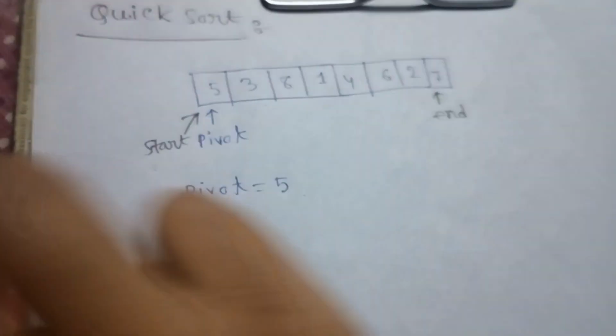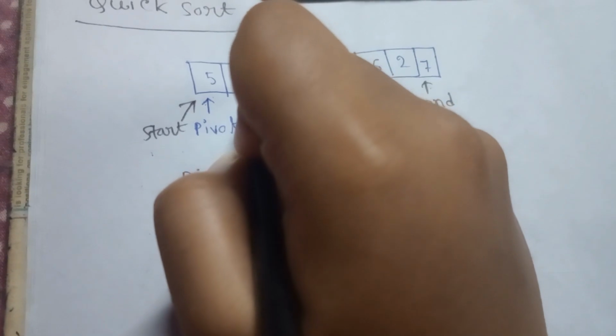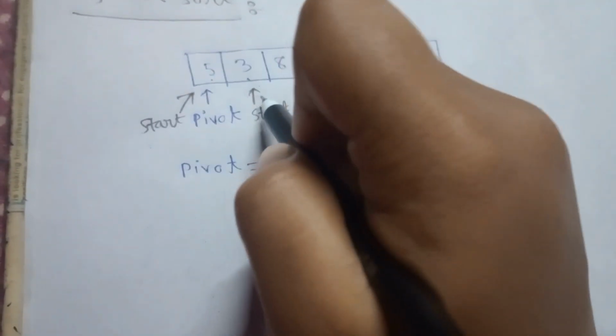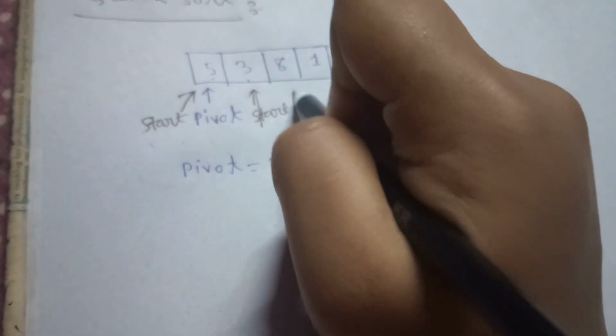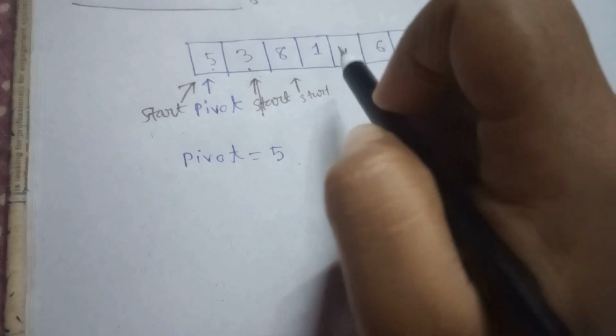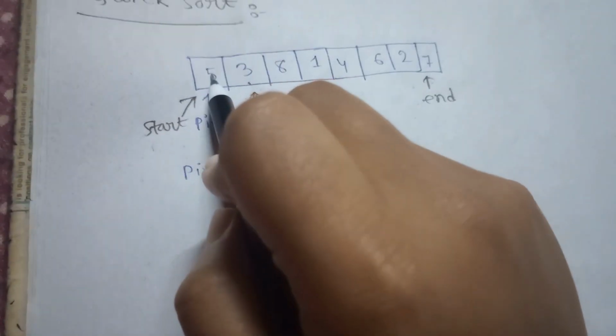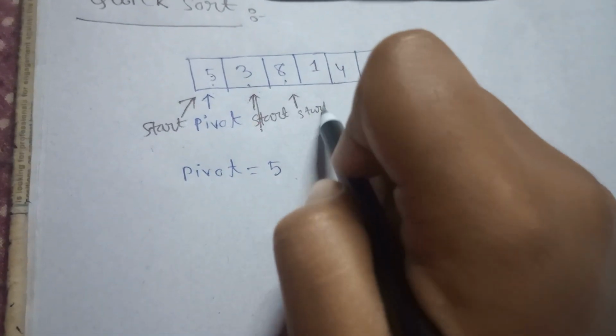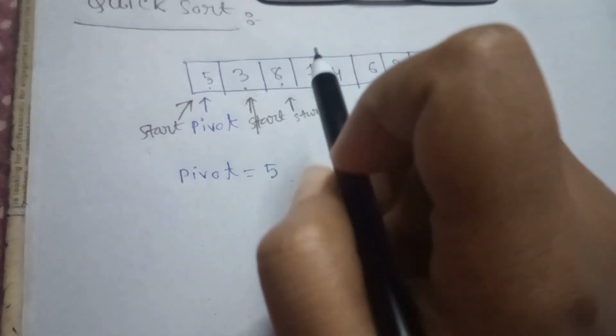Now the start is here. 3 less than 5, true, so increment start. 5 less than 8, false, so we stop start here.